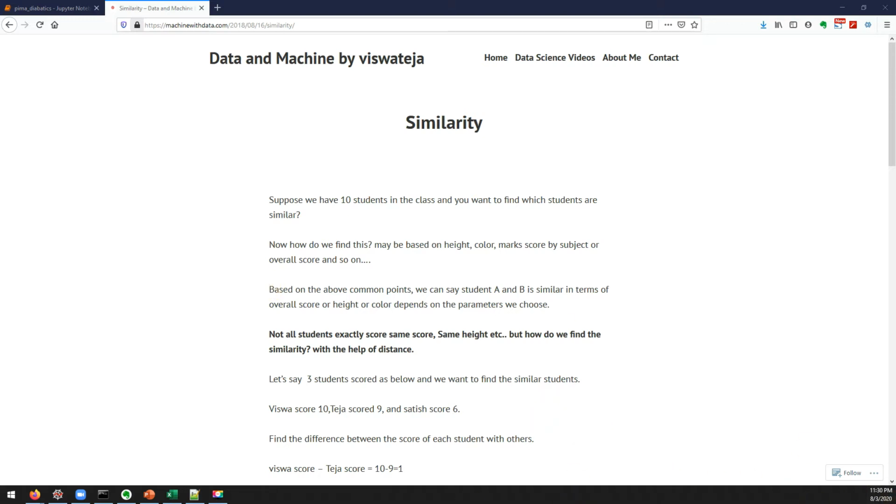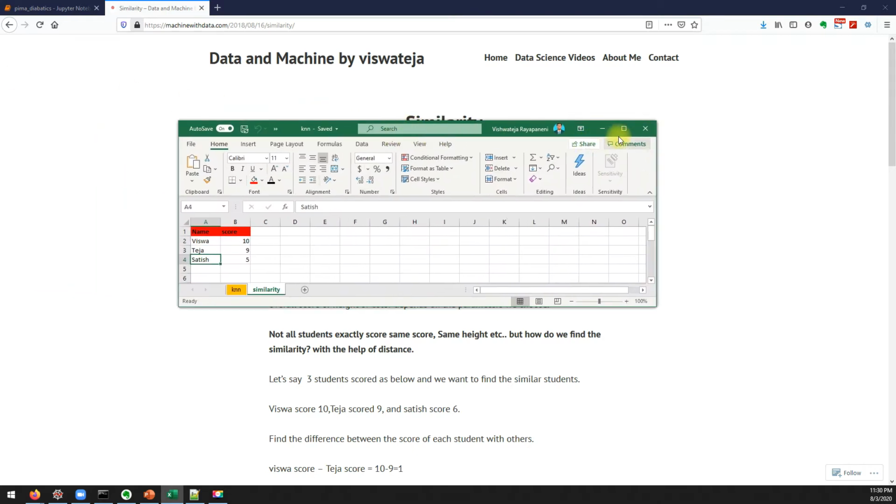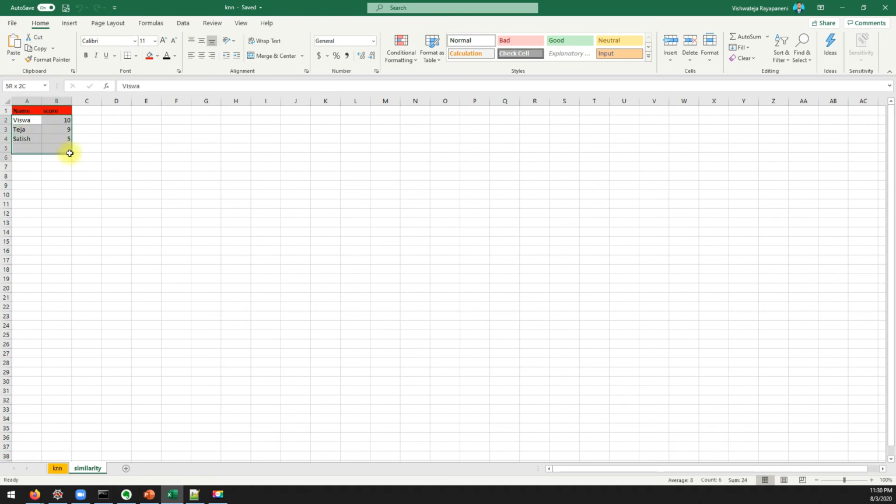Let me open my Excel sheet. We have three students' details. One is Vishwa, who scores 10 marks, Teja, who scores 9 marks, and Satish, who scores 5 marks. This guy Satish is always the bad student in the class anyways, so that's why he scored less marks.